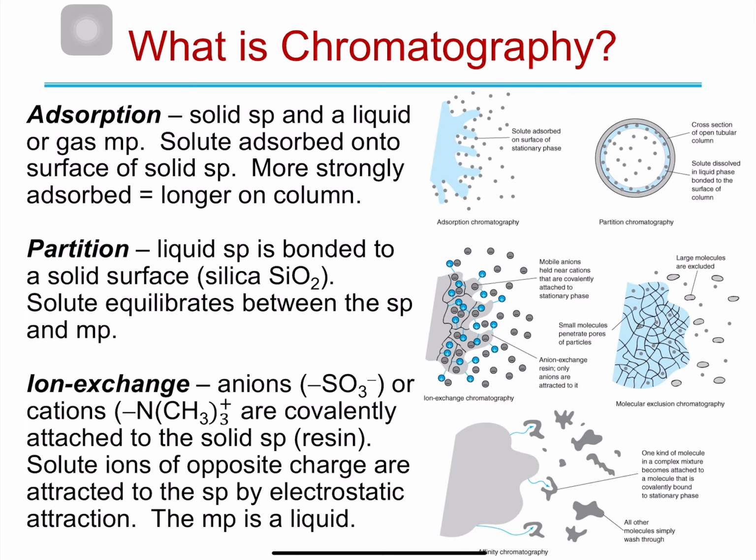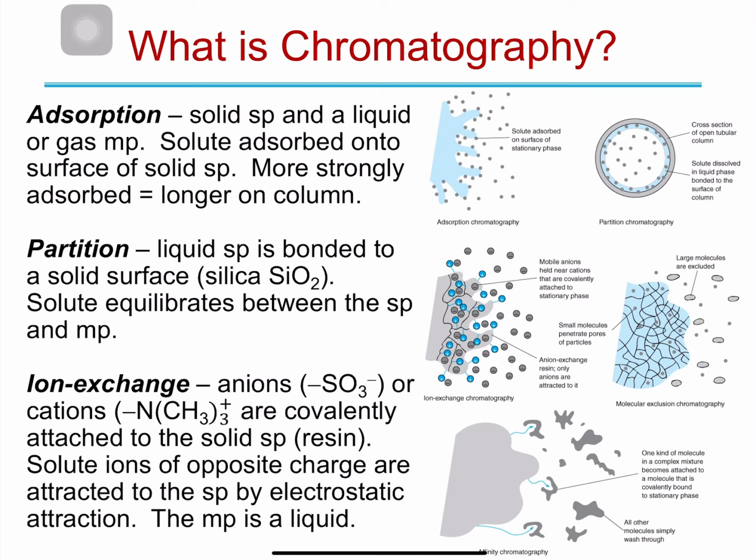And as the mobile phase runs along the column, the different components will be separated based on their affinity to the mobile phase and how strongly they are adsorbed on the stationary phase. So some substances will be more adsorbed than the others. So this is the first one, adsorption.